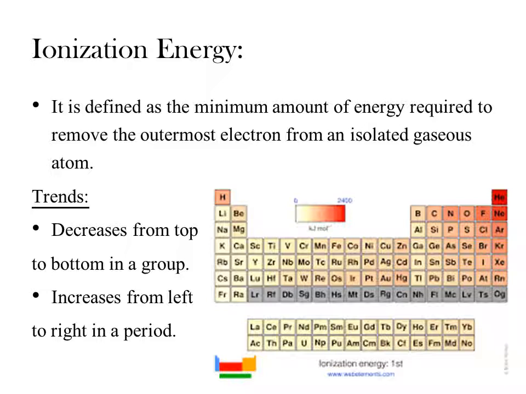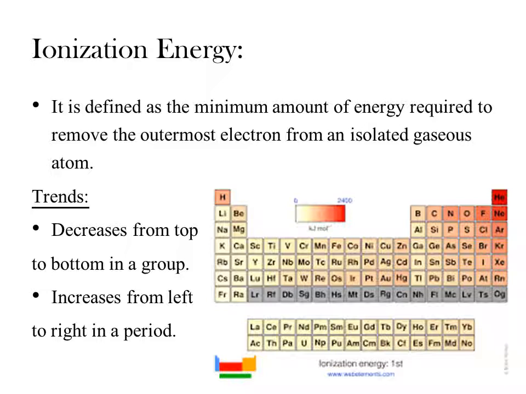Ionization energy is defined as the minimum amount of energy required to remove the outermost electron from an isolated gaseous atom. The unit of ionization energy is kilojoule per mole. Ionization energy is in actual a measure of the extent to which the nucleus attracts the outermost electron.